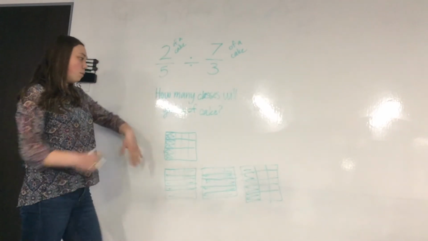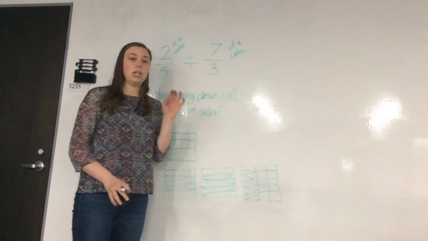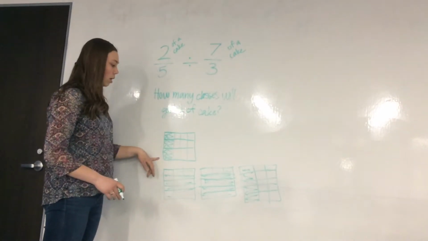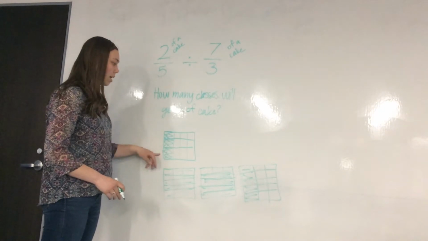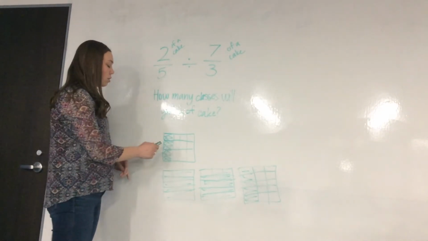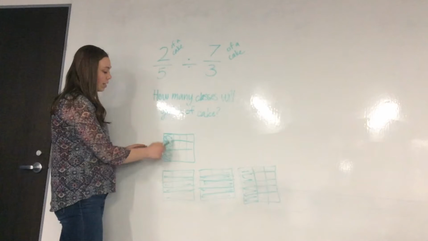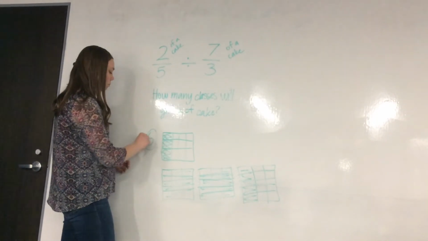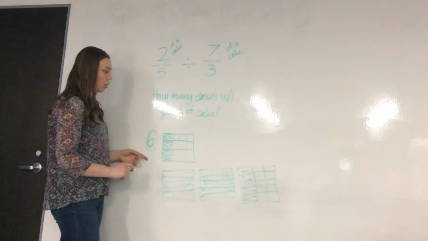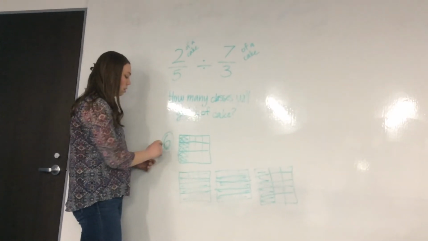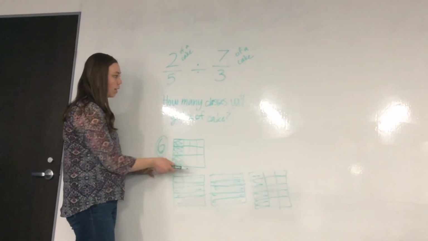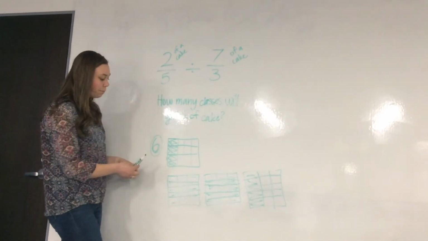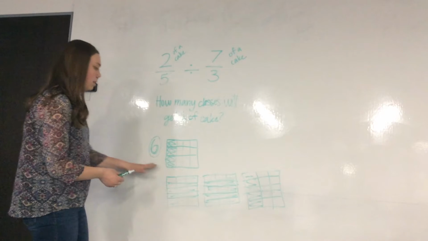Now we're going to pull this apart. We're going to ignore the fractions for a minute and look at just the total number of pieces of our cake. Here we have 6 shaded pieces, so that's 6 pieces of cake total, and we're going to think about this as integers now.